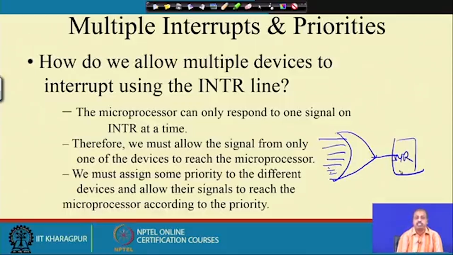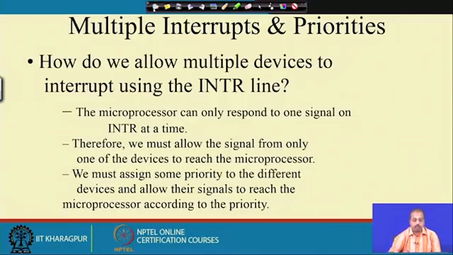But then all these lines are of equal priority, so any interrupt coming will interrupt the processor, which we may not want. We may want that when one device has interrupted, none of the remaining ones should be allowed to interrupt. Similarly, the second one will be allowed to interrupt only if the first one has not generated any interrupt. We will look at how this can be done.